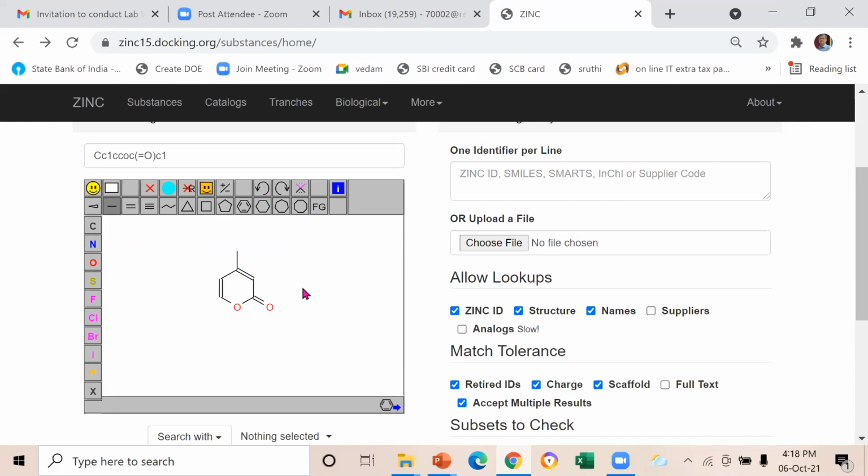Can somebody tell what type of structures these are?